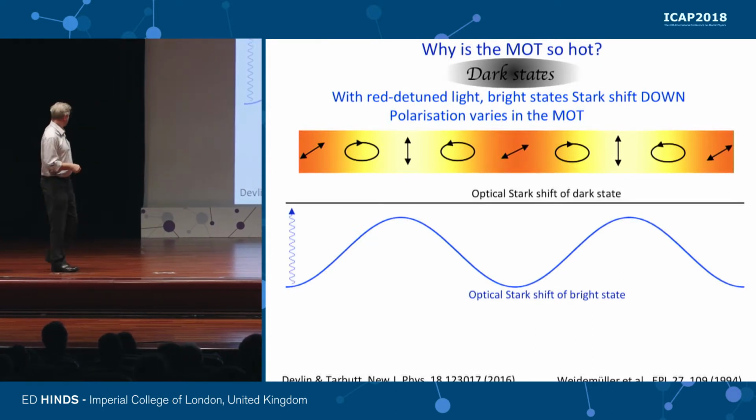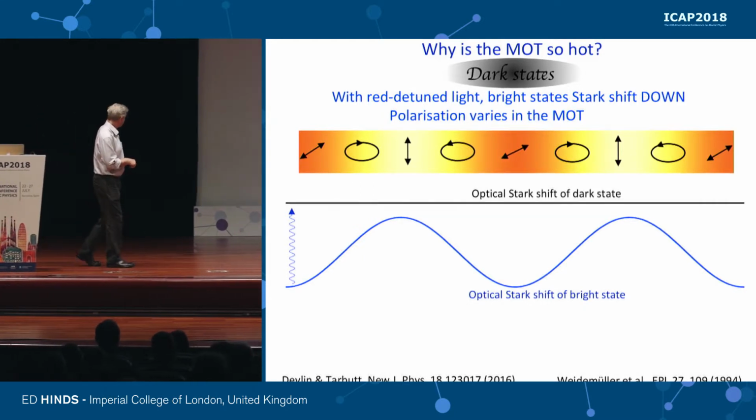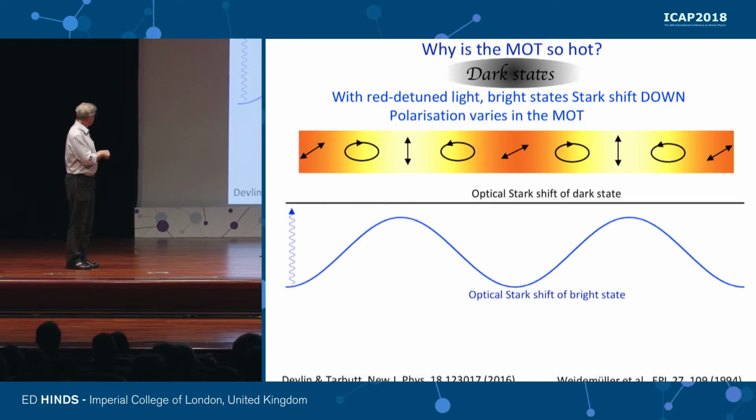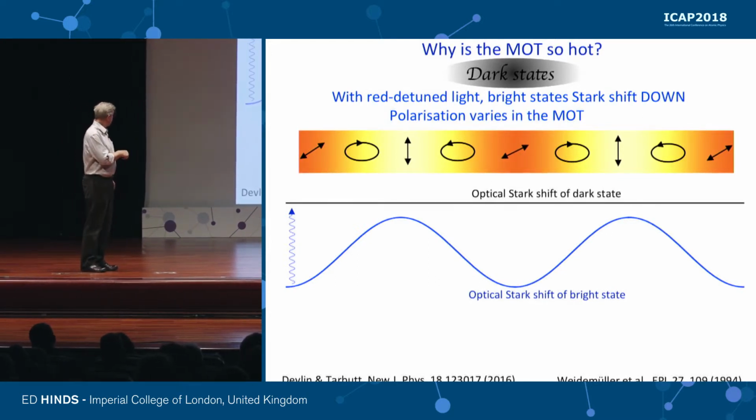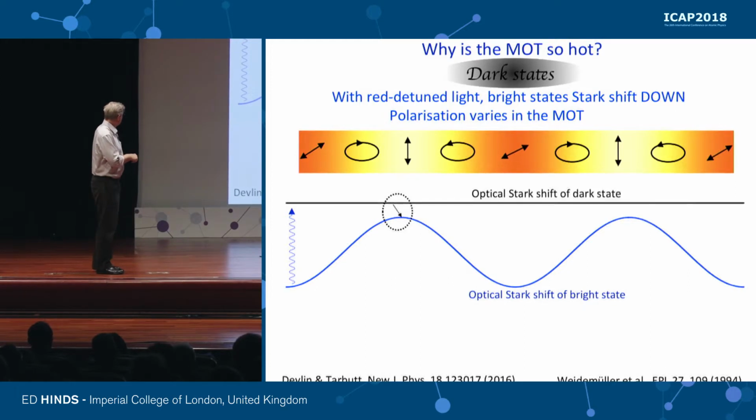Now, if I have a molecule in the bright state, it will interact with the light, and that has the chance to optically pump it into a dark state. And now it may roll along in the dark state, but here is a region where the two are very close together, and it's easy for them to be mixed. So the molecule could jump into the bright state, and then it would roll down the hill and get faster.